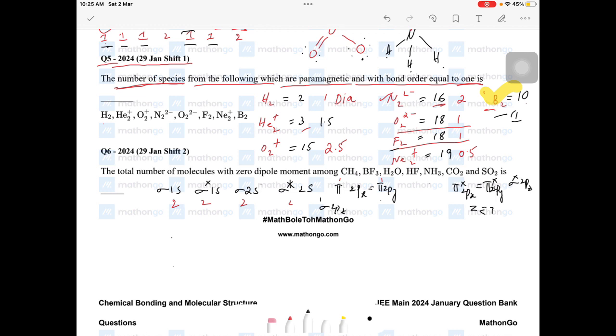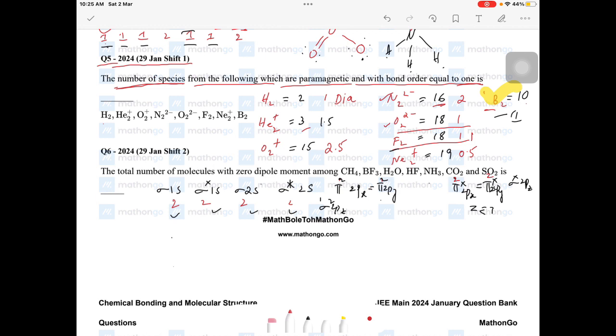Next, F2 with 18 electrons: 2, 4, 6, 8, 10, 12, 14, 16, 18. So here also there is no possibility of paramagnetism, only diamagnetic. Next, O2 2 minus with 18 electrons also has no possibility.